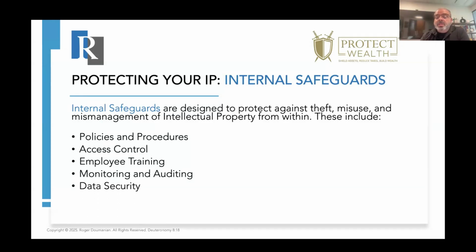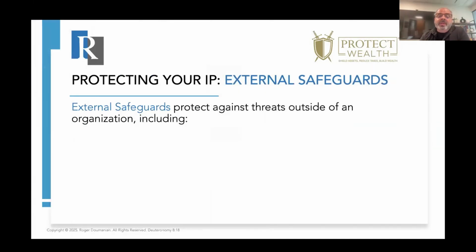Data security, making sure that your IP data, amongst all other data, is secure. And then document management. Back to that example, don't be leaving your trade secret documents on your desk while you go to lunch while your door is wide open, right? It's not a matter of if, it's a matter of when will someone decide to take advantage and misuse or steal your intellectual property.